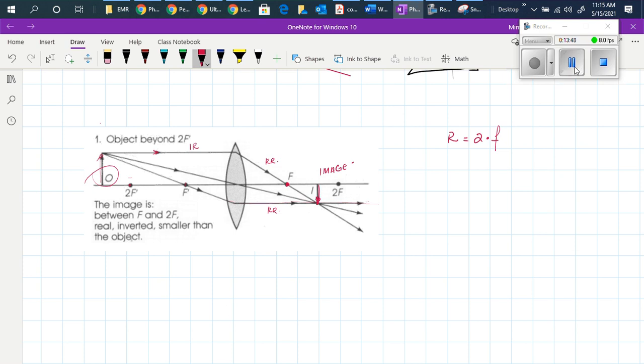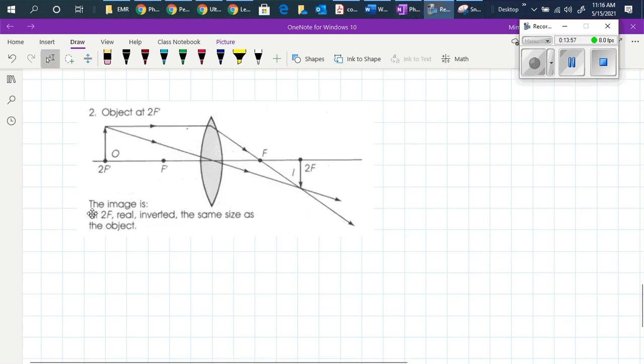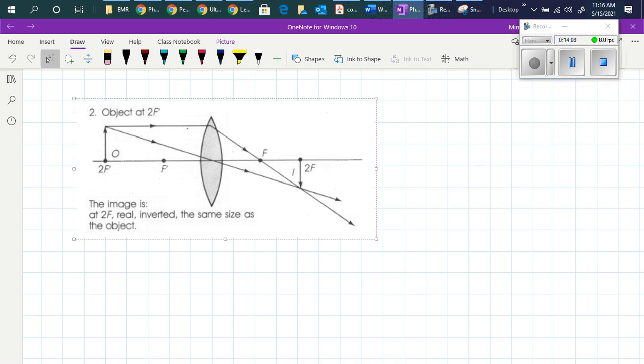Let's see now a case where the object is right at the center. In this case we will apply the two rules, because the third one is just in case you cannot figure out what image is created by applying the first two rules.